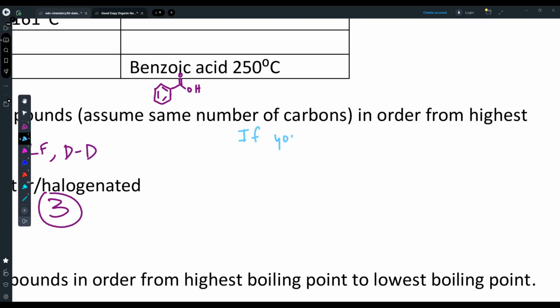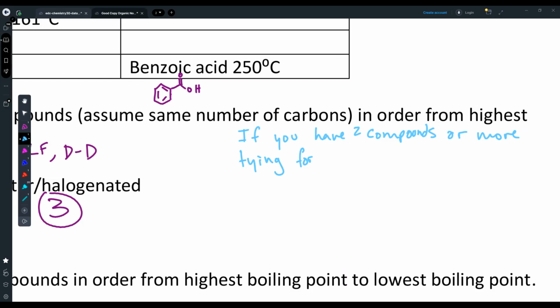If you have two or more compounds tying for the same amount of intermolecular forces, to decide, you can do it one of two ways.